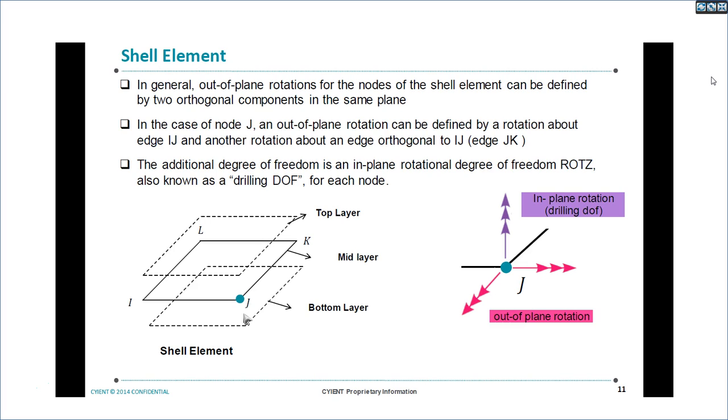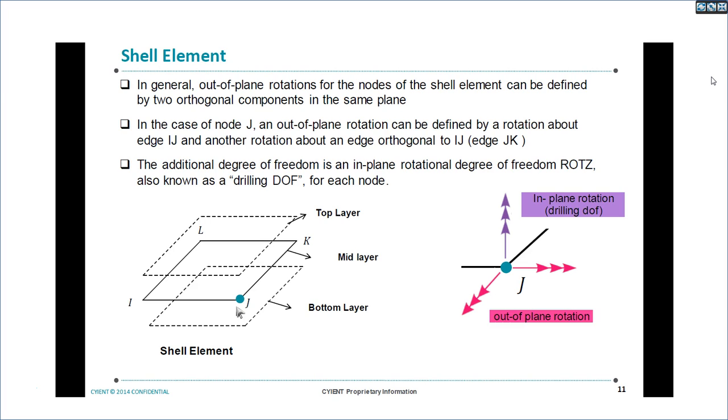These rotation-related degrees of freedom are required for shell elements so that results can be calculated at the top and bottom fiber.